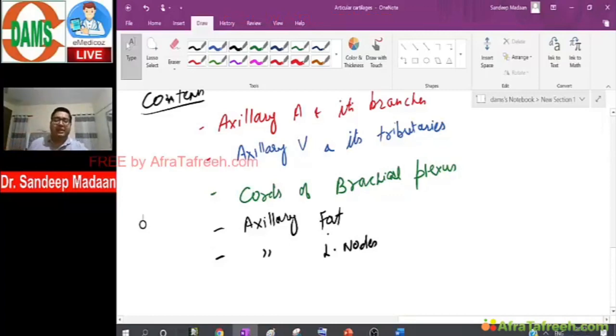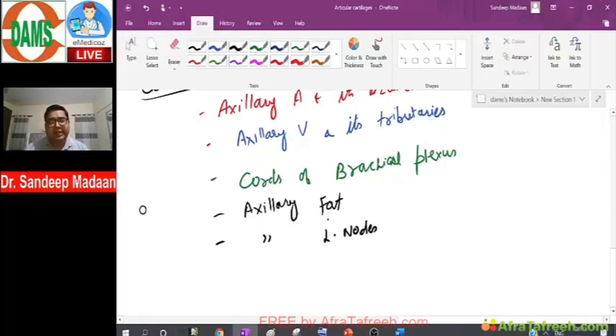But that part we will discuss with the breast only. With the axilla, what we are going to discuss is the axillary artery and the brachial plexus.